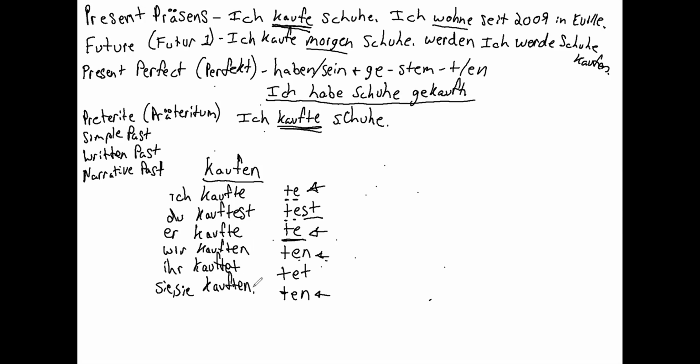So all of this, we just do the same as we did for any other conjugation thing. We just drop the -en, and then we add all of those endings to there. So ich kaufte, du kauftest, er, sie, es kaufte, wir kauften, ihr kauftet, sie kauften, Sie kauften.